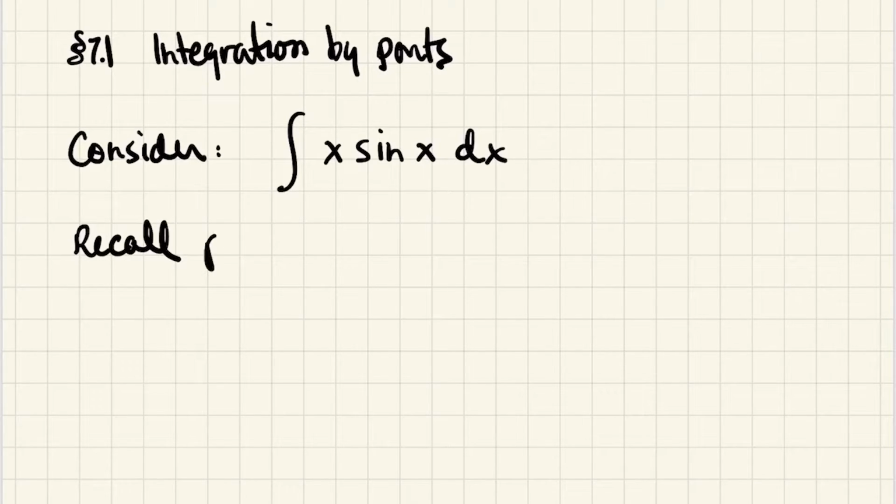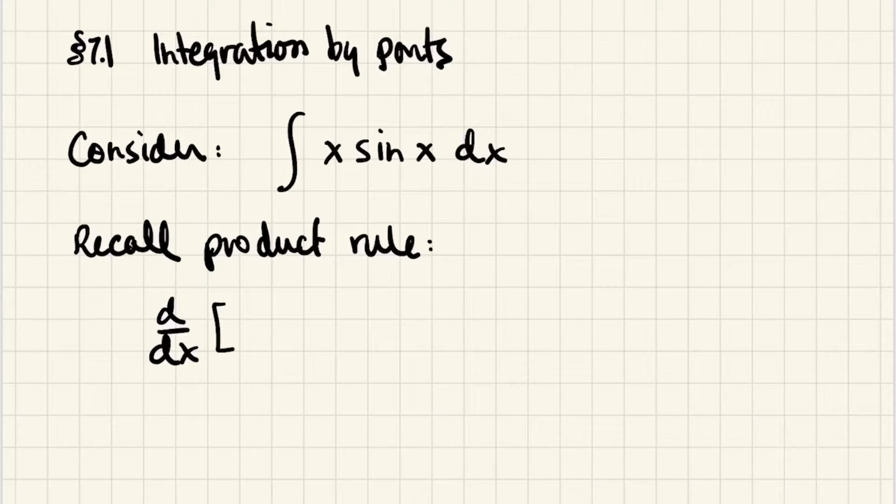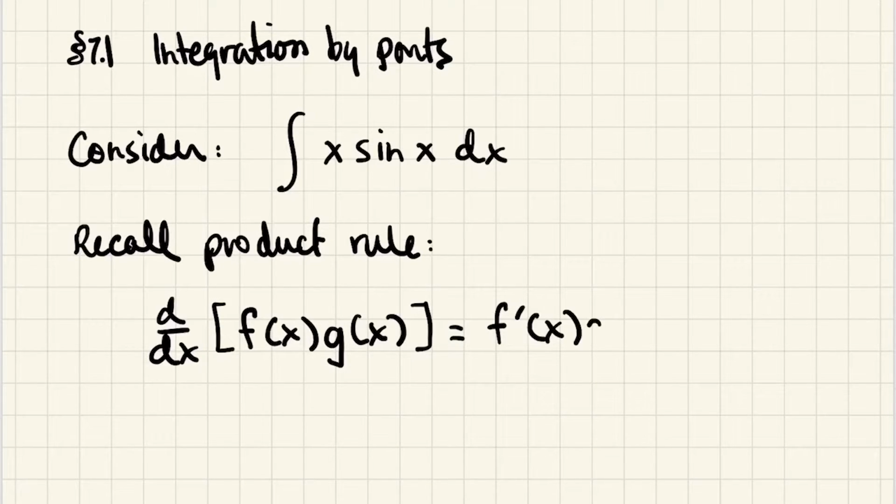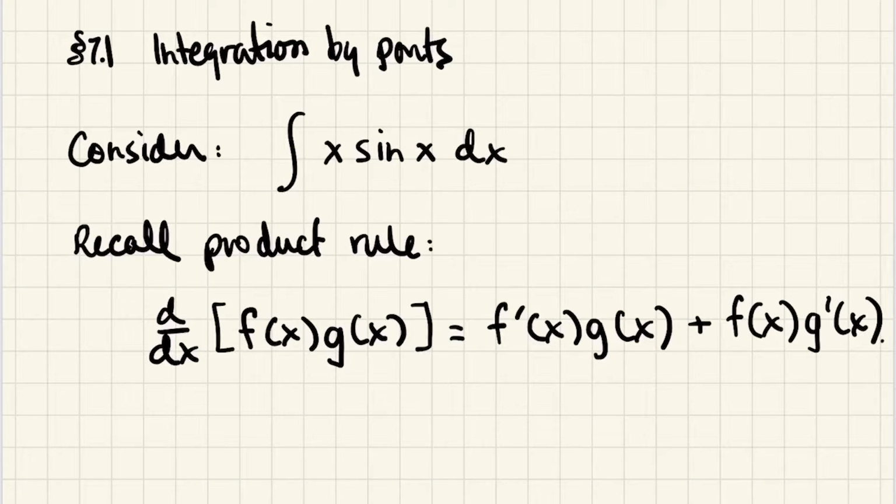So let's recall the product rule here. The derivative of a product is equal to the derivative of the first guy times the second, plus the first one times the derivative of the second.